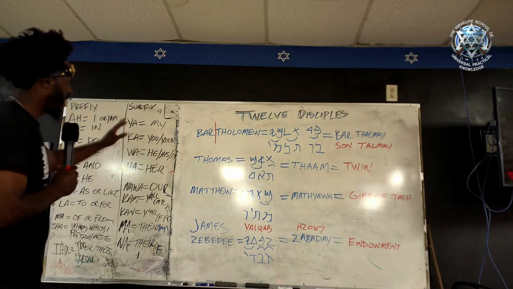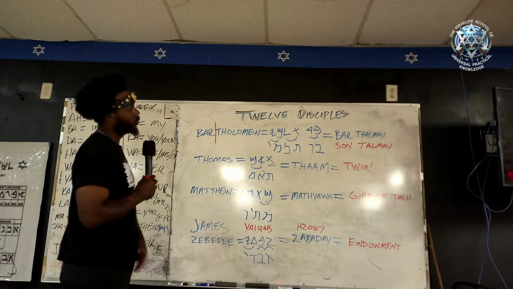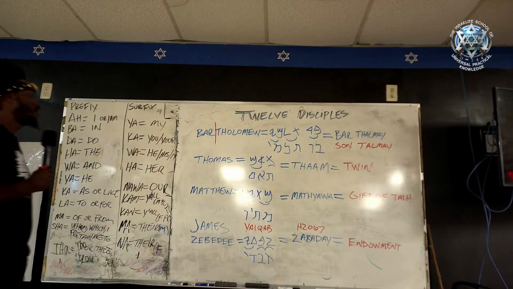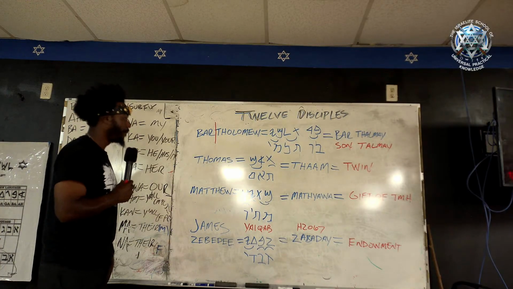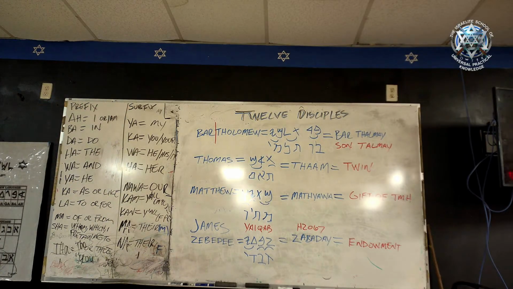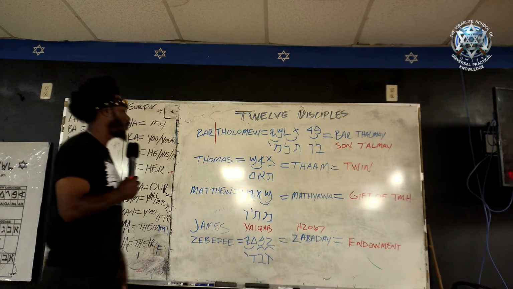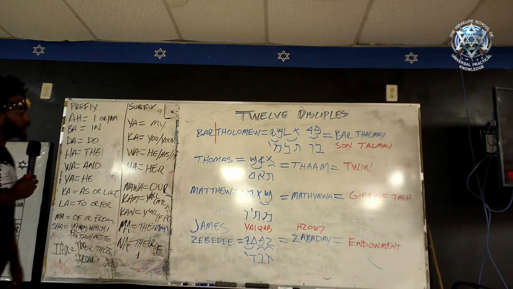These is your next four, right? So we have Bartholomew, which is son of Ptolemy, right? You have Thomas, which is twin. What up, twin? All right. Matthew, which is Mathawa, right? Which is gift of the Most High.